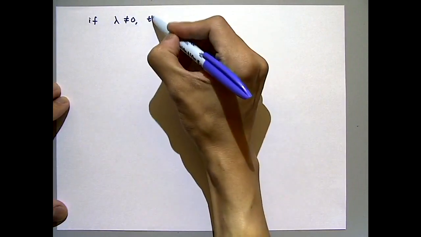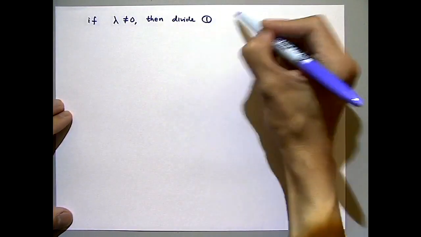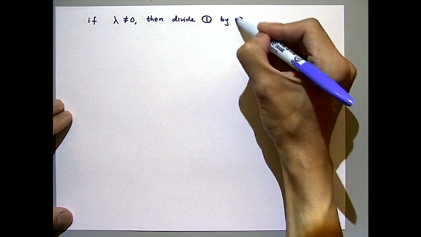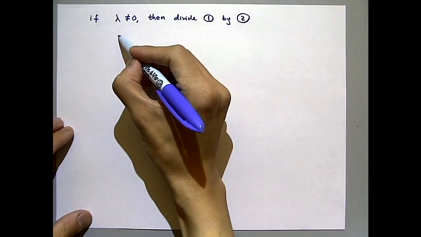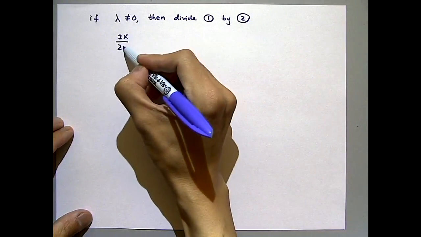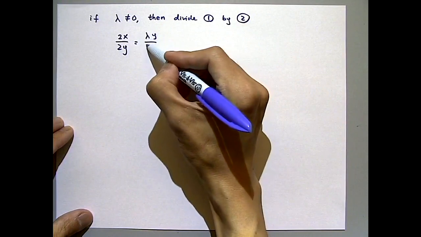If lambda is not equal to 0, then what we can do is divide equation 1 by equation 2. I'll divide the left side, and then I'll divide the right side. So we get 2x over 2y is equal to lambda y over lambda x.